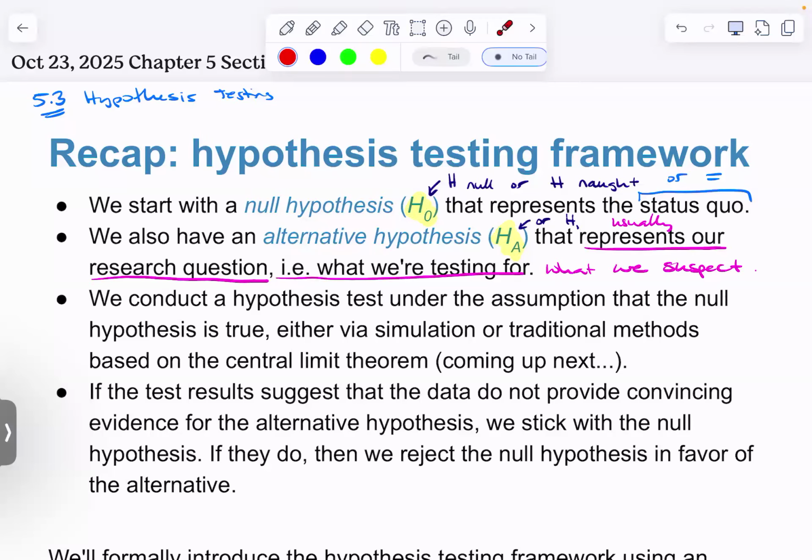Then you do all your testing and your math, your stats, and you find that the probability that the null hypothesis is true is very small. That gives you evidence in favor of the alternative hypothesis. We're just building this up, so don't worry, just absorb it for now. So we're going to have two competing claims, the null hypothesis and the alternative hypothesis.